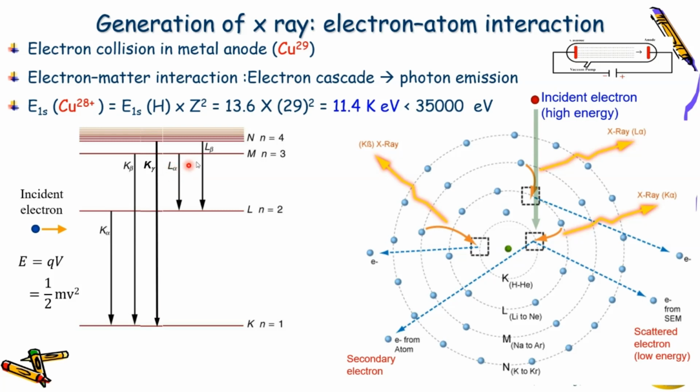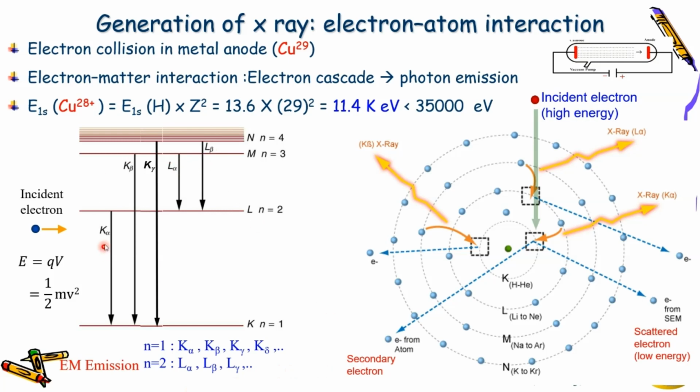We call it L alpha, L beta, L gamma. So this is what we learned. So we have electromagnetic emission like this. For n equal to 1, if it cascades to 1, that will be K alpha, K beta, K gamma, K delta. And then if it cascades to 2, that will be L alpha, L beta, L gamma, and so on.